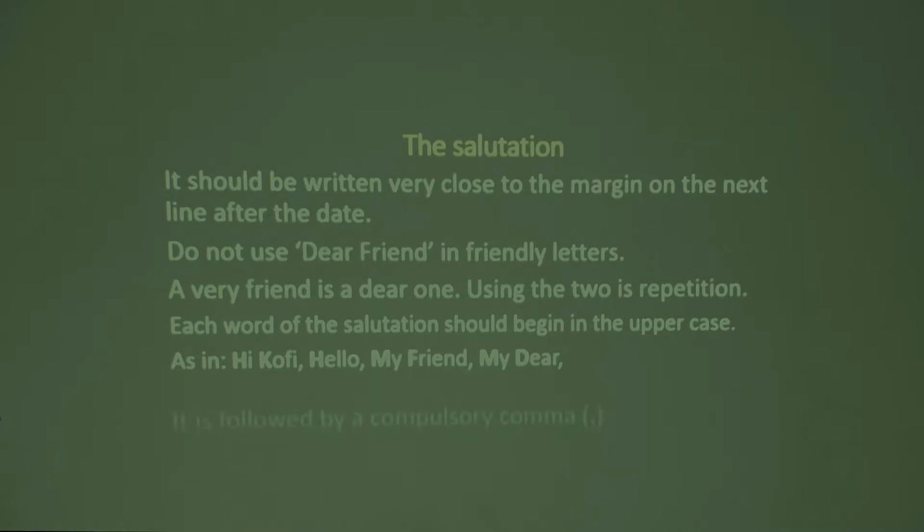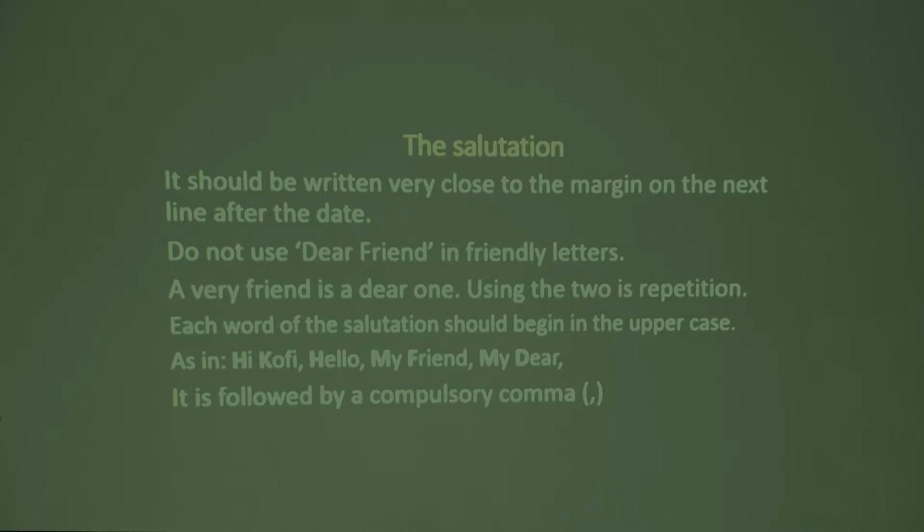We say it is followed by a compulsory what? Comma. Every salutation, whether in letters or not, comes with a compulsory comma. Salutation simply means you are calling the attention of the person. If I say, Ochad, and I'm writing, after the mention of Ochad, there should be a compulsory comma. For example, I say, Sarah, come closer.